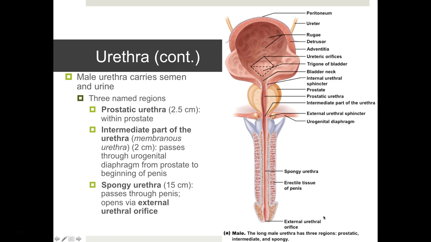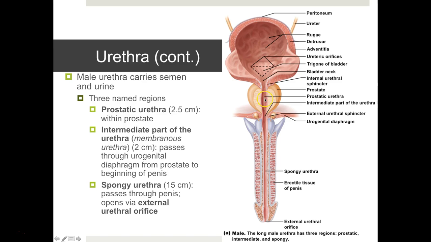All right, so let's talk about those different portions of the male urethra. What's interesting in the male is that it's going to carry semen and urine, although we'll talk more about the semen portion in Anatomy 3 when we get into the reproductive system. But our urethra has 3 different names in the male.